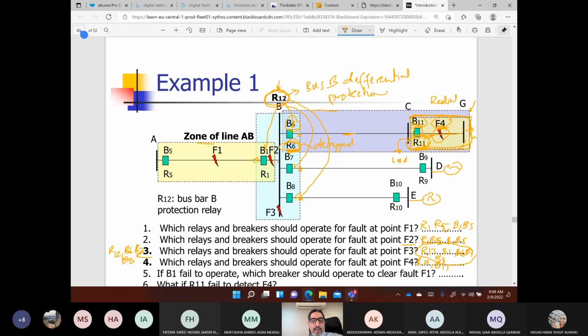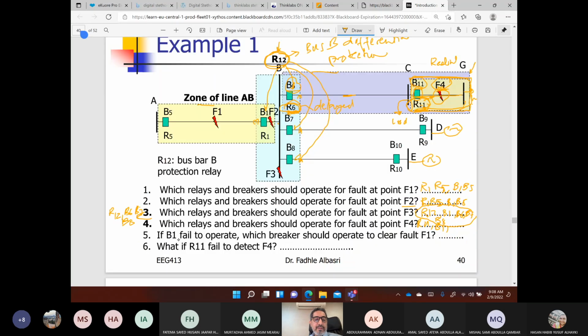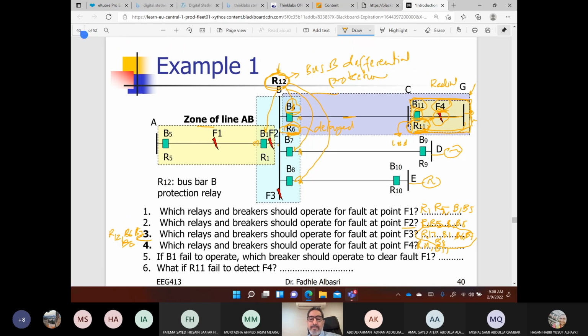So this is where the conditions are. Is this case understood now, guys?